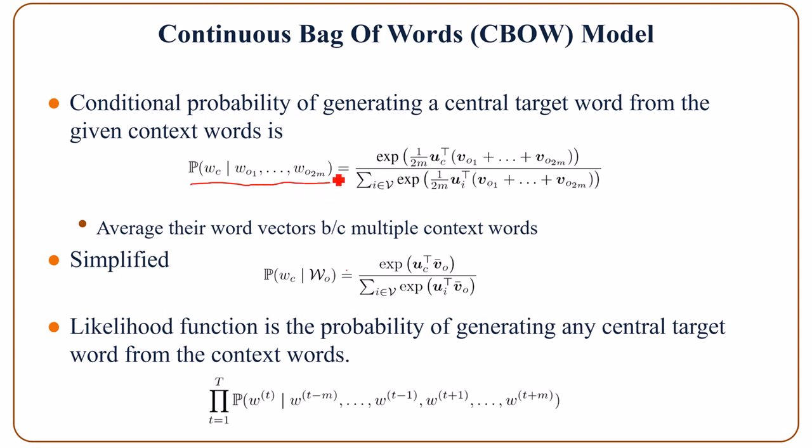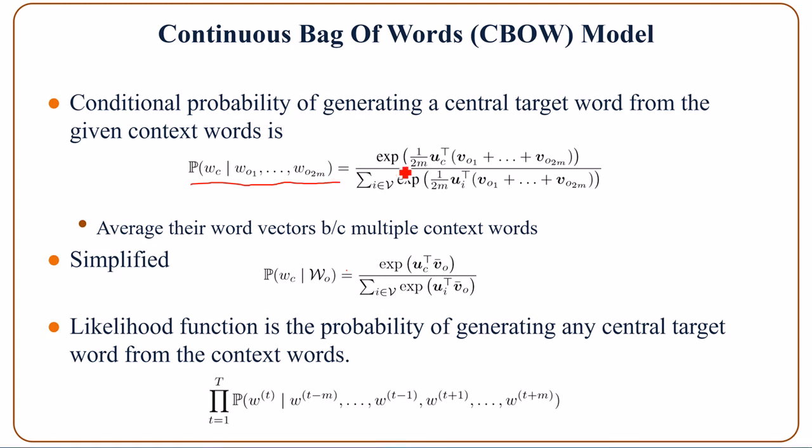And as mentioned, WC is the central target word. We have context words before and after the central word. We have M words before and M words after, because the size of the window is M. So the context words include WO1, WO2, etc. up to WO2M.